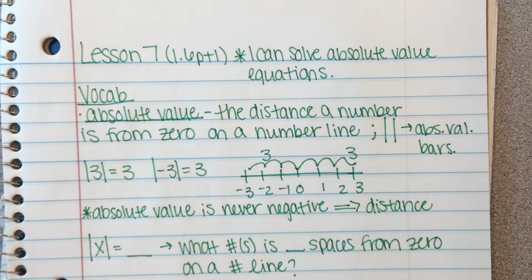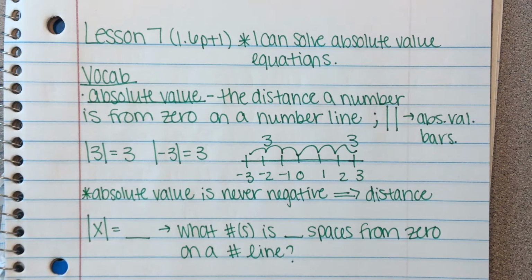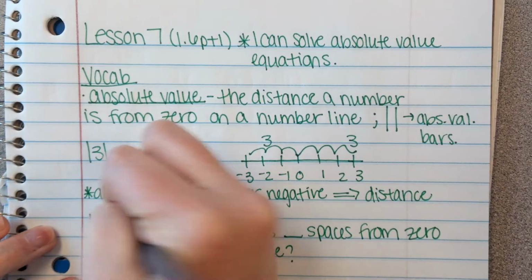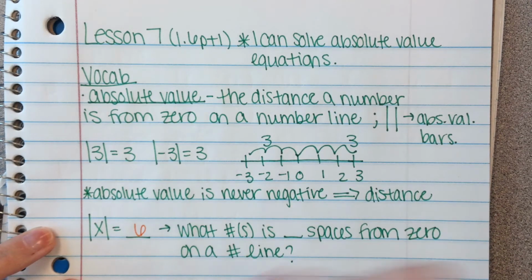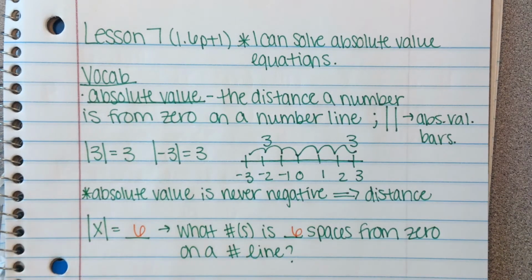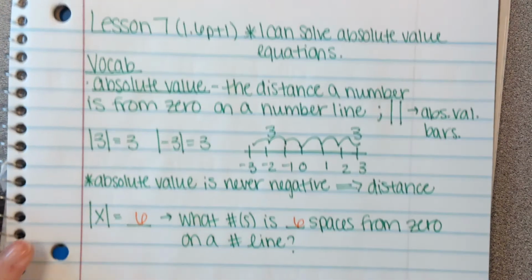Okay, and so if I plug some number in there, say the absolute value of x equals 6, then I'm asking what number is 6 spaces from 0 on a number line.